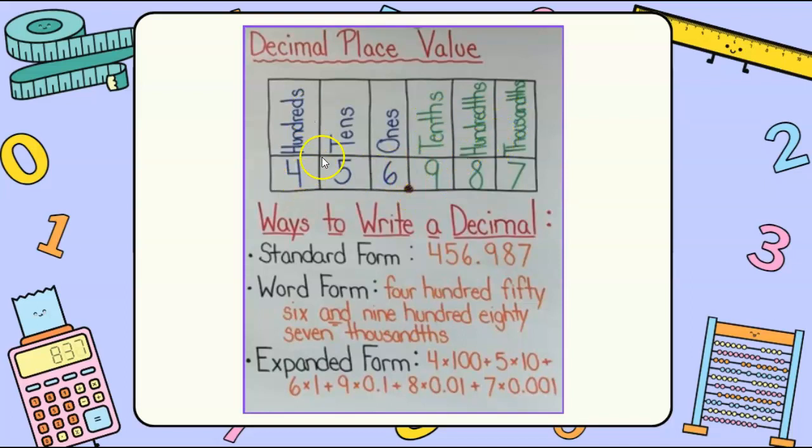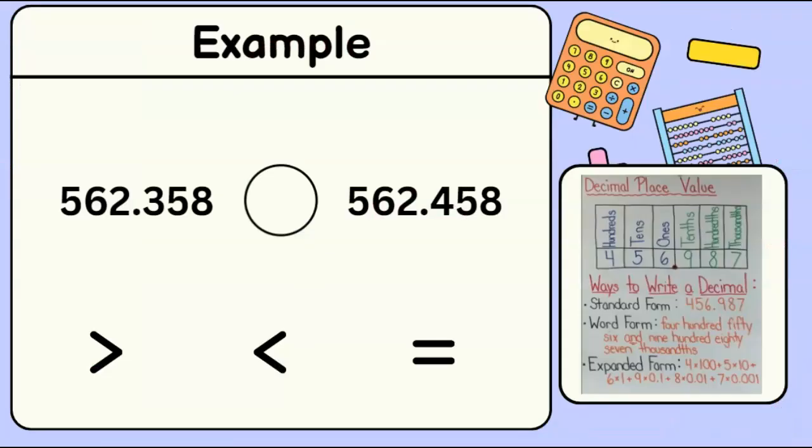It's going to be important to understand where these place values go and how to line them up in order to correctly be able to evaluate and compare. So, for example here, the question is asking me to compare: is the number on the left greater than, less than, or equal to the number on the right?